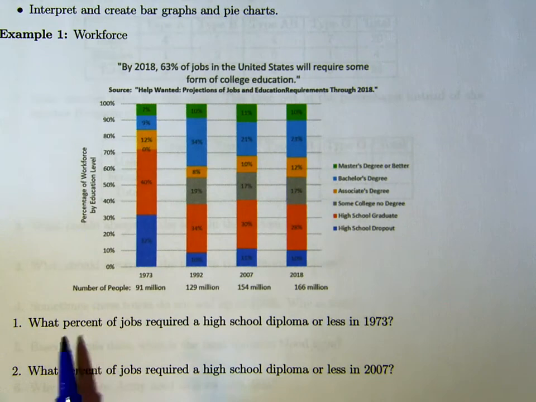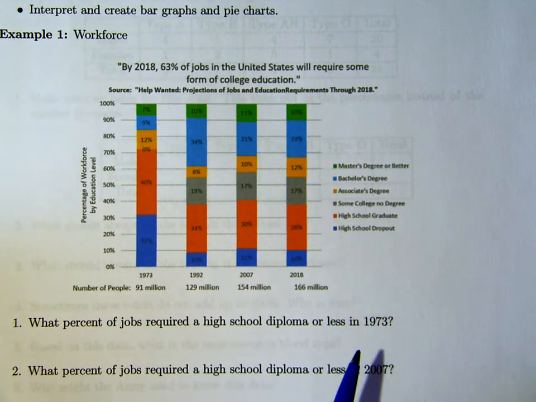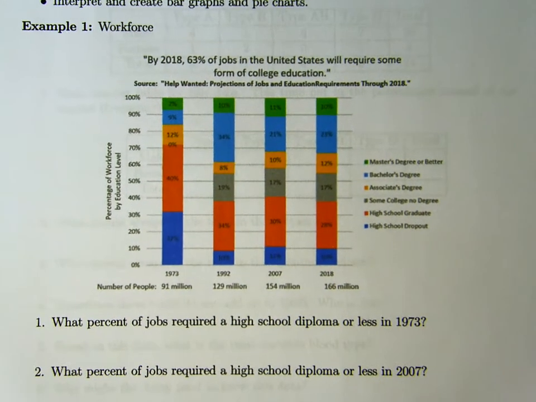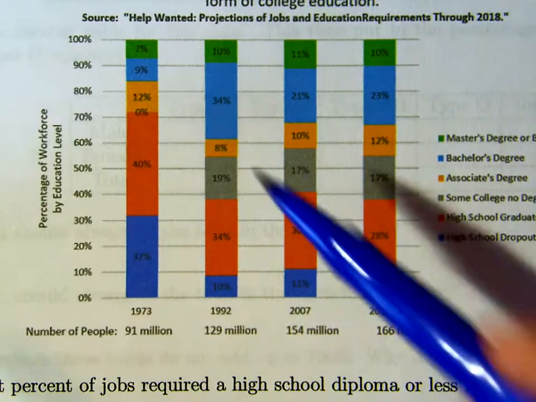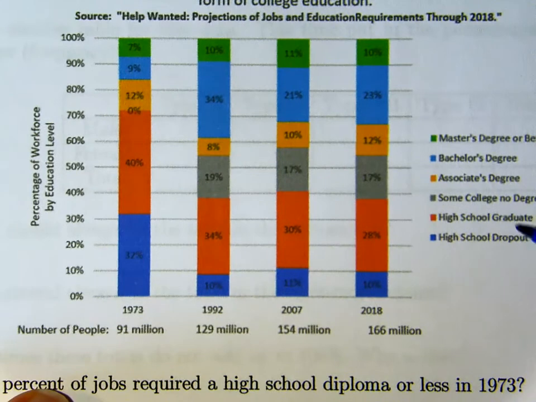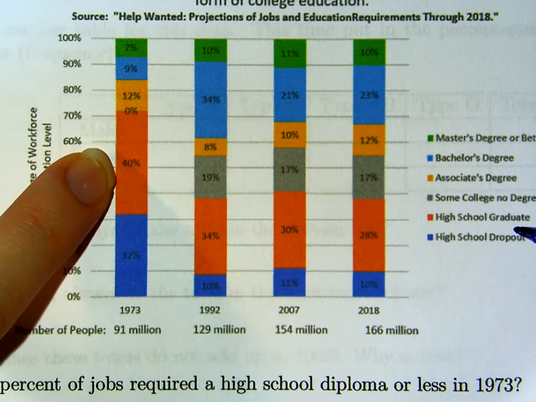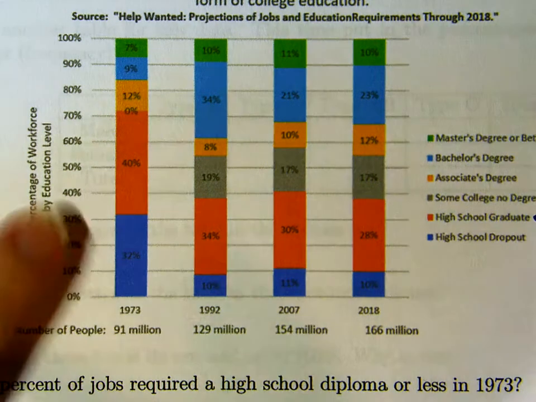Okay. Question 1 says, what percent of jobs required a high school diploma or less in 1973? I'm going to zoom in on these numbers. Okay, so let's take a peek at 1973, and it looks like this orange band is people who have either graduated from high school and gotten their diploma, or maybe they got their GED, or basically a high school equivalency in this orange category.